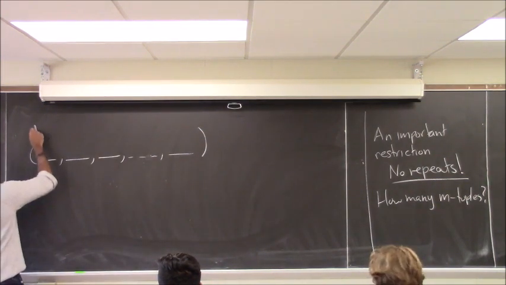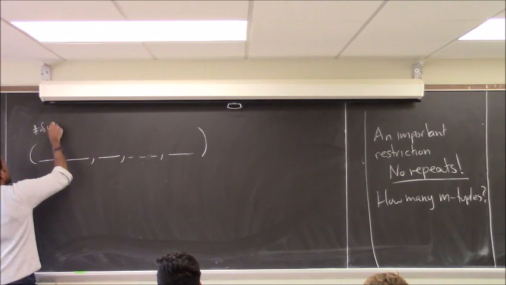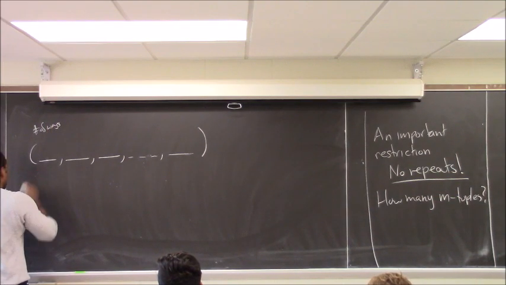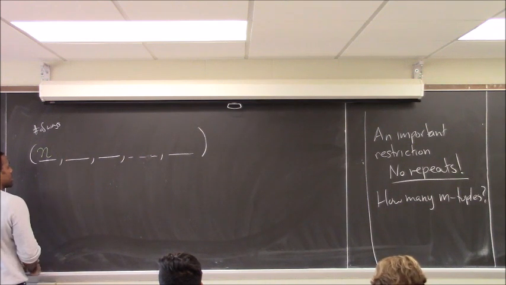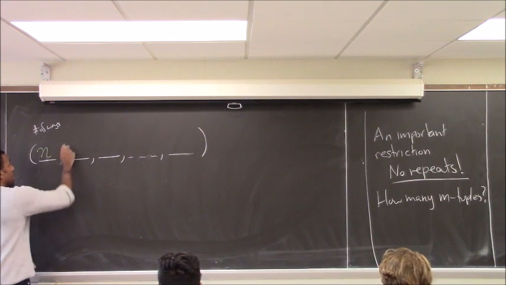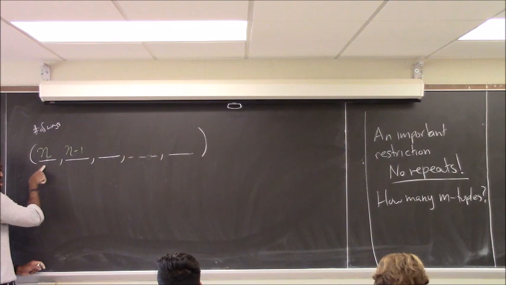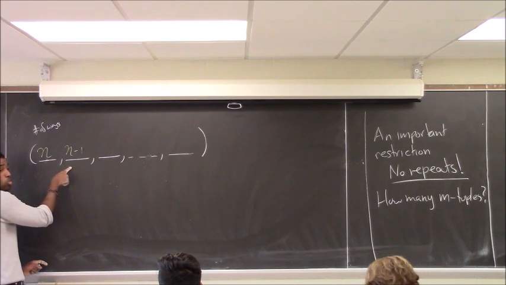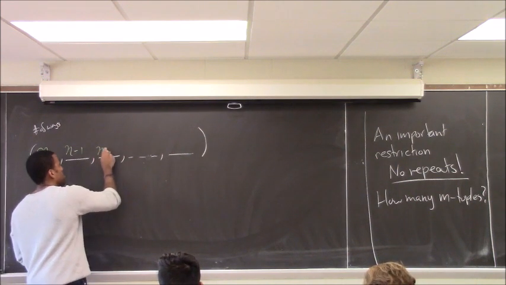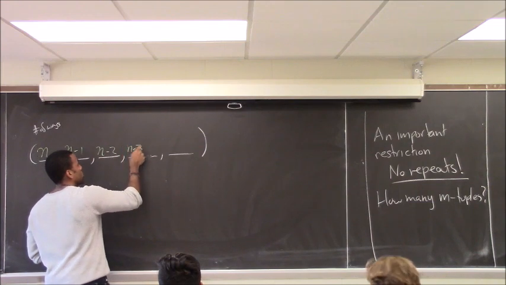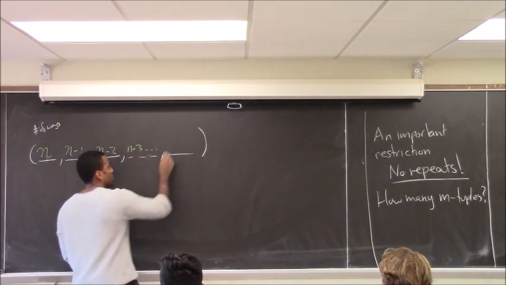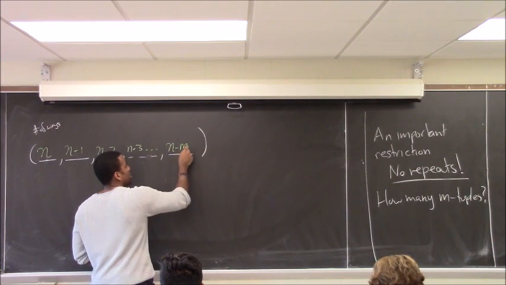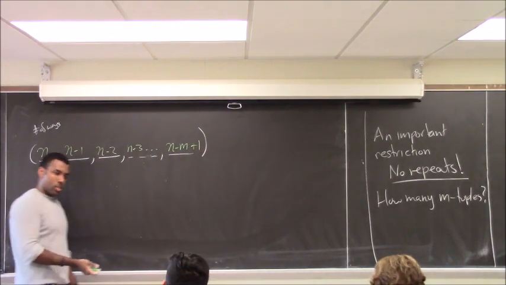How many ways for the first choice? Okay. I can choose any of the n things. How many things can I choose here? n minus 1, because once I made the choice here, I can't pick that guy again, I have one less choice to make. Similarly, n minus 2. Similarly, n minus 3, dot, dot, dot. What's the last one? n minus m, people always forget the plus 1, right?